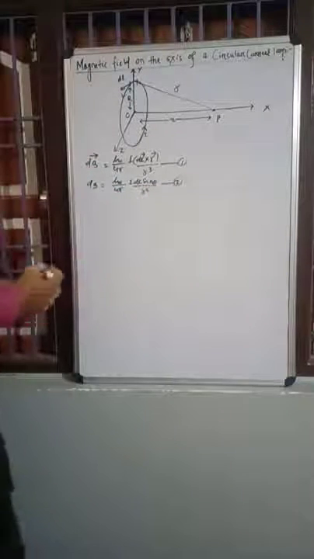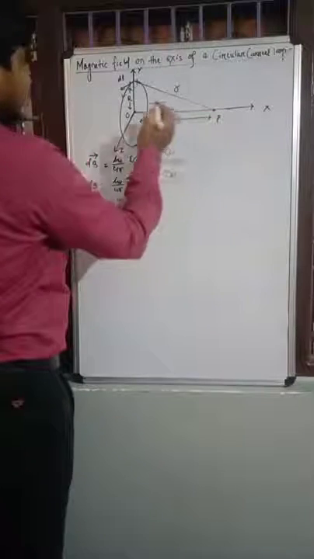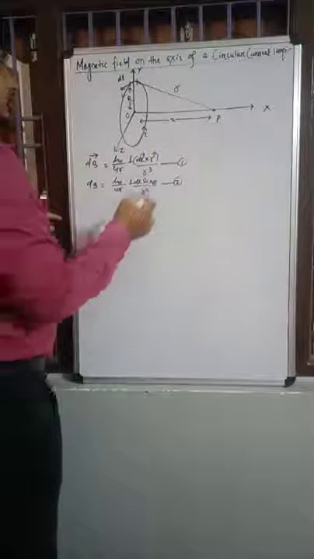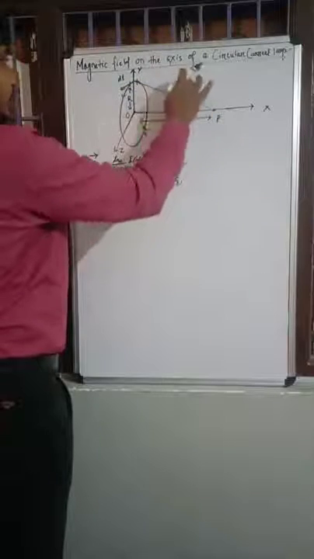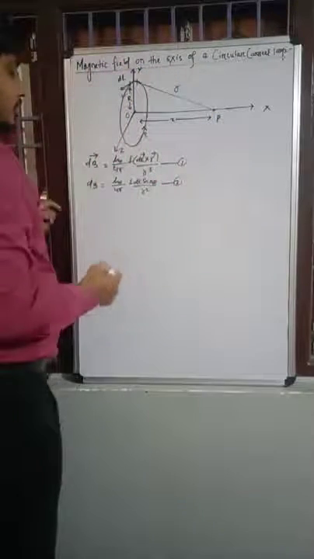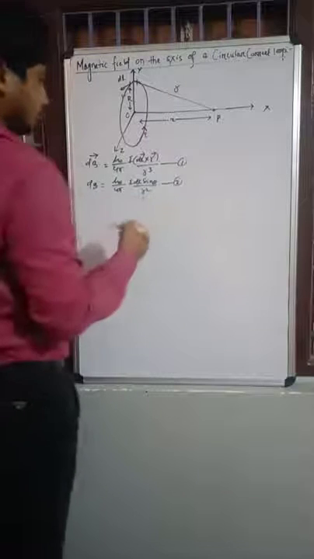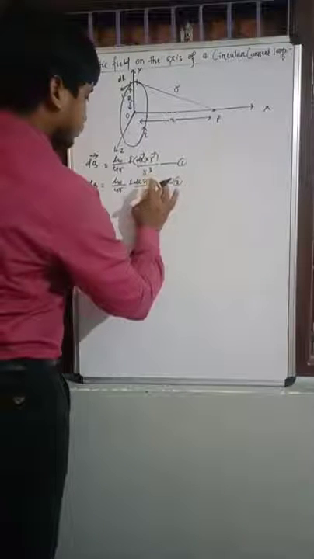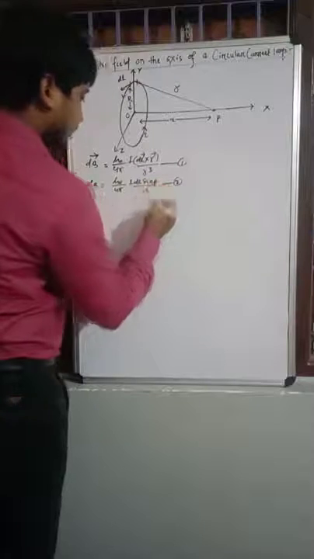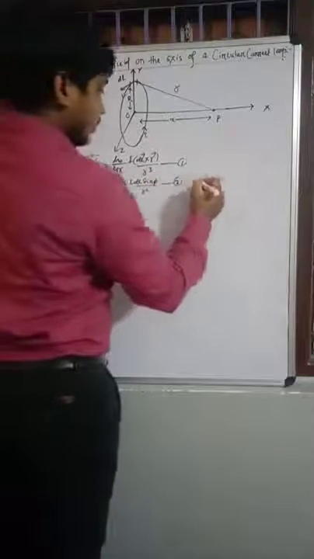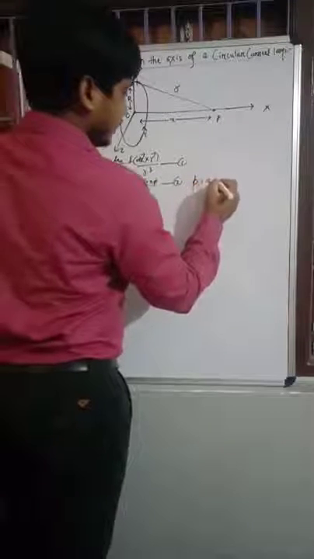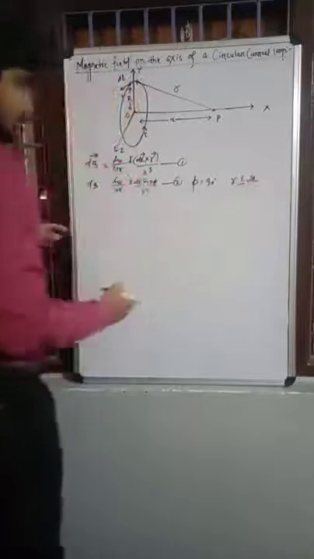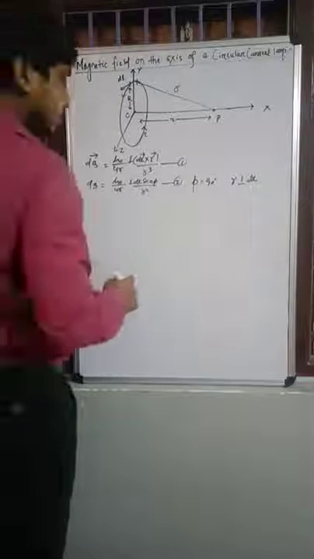But you can see that here the angle between this r vector and this dl element, the position vector r and this dl, will be 90 degrees. Better I will take this as the phi angle, sin phi. Here the phi angle will be 90 degrees. r will be perpendicular to dl, and the sin 90 value is 1.